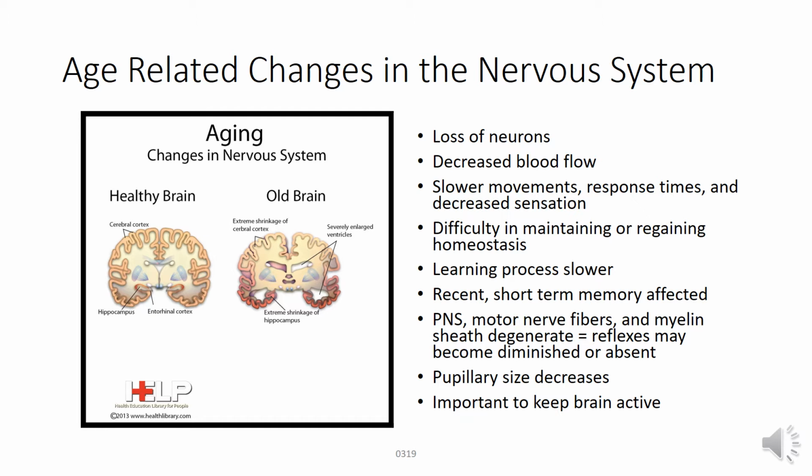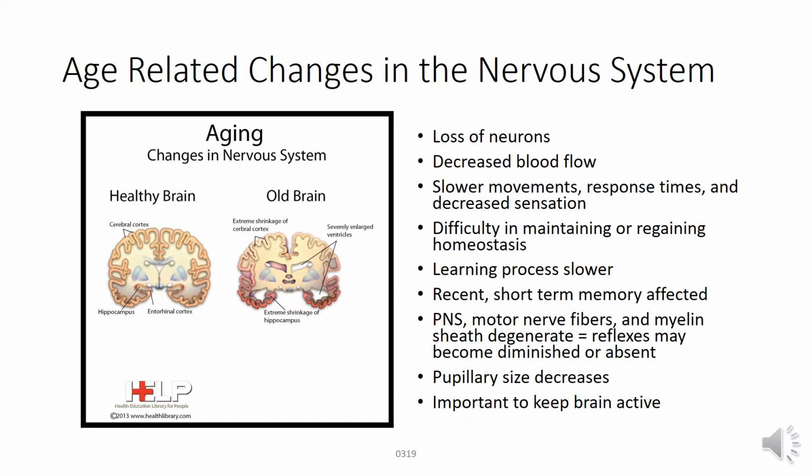Our body's homeostasis is more difficult to maintain, and if it is out of balance, it's more difficult to regain. The learning process is slowed. Recent and short-term memory are affected, but it seems that distant memory is typically not affected.